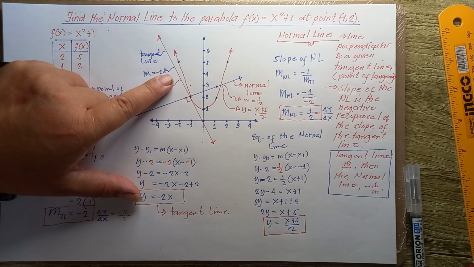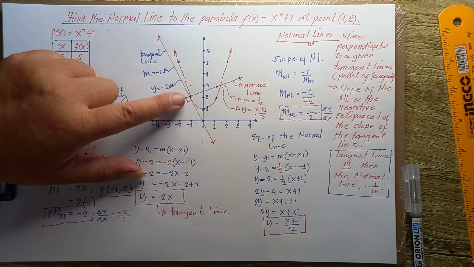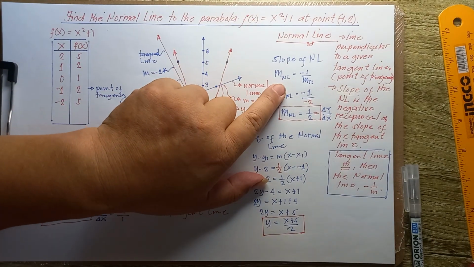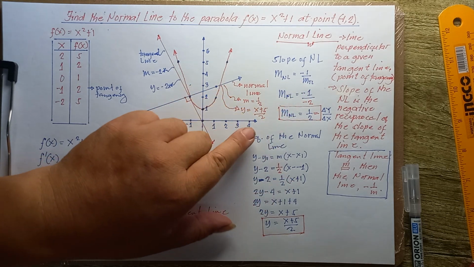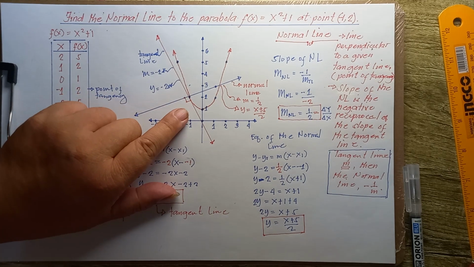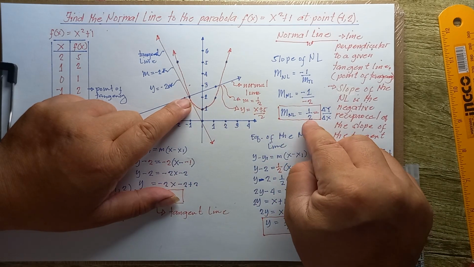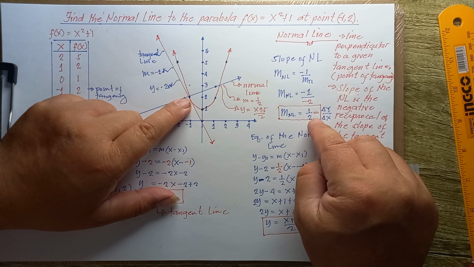After having the slope of the tangent line, that's the time we get the slope of the normal line, which is the negative reciprocal of the slope of the tangent line. Then we draw the normal line with reference to our point of tangency and the computed slope of the normal line, which is 1/2.